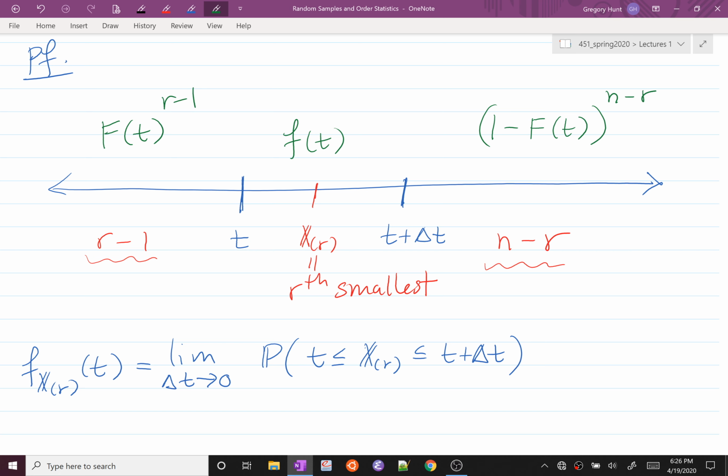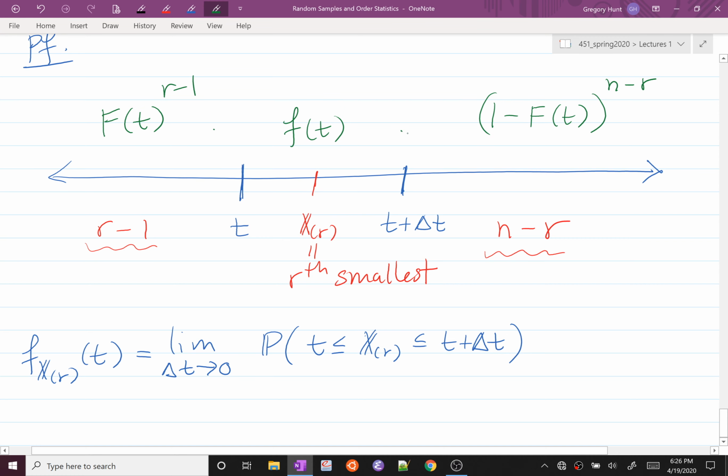So if I have a selection of things in my random sample, and I want r minus 1 of them, the probability that r minus 1 of them are less than t is F of t to the r minus 1. The probability that, in the limit, x sub r, the rth smallest, is in this interval is f of t, and the probability that we have n minus r of them bigger than this interval is 1 minus F of t to the n minus r.